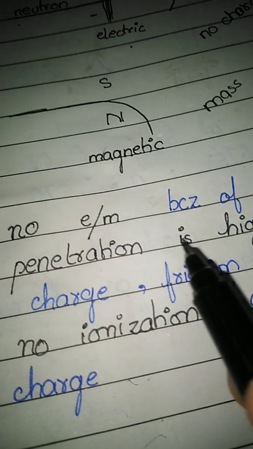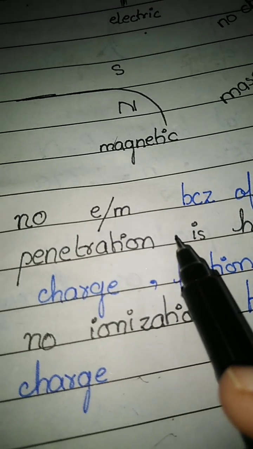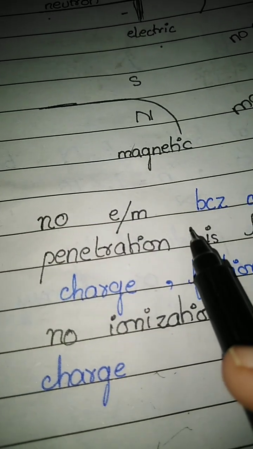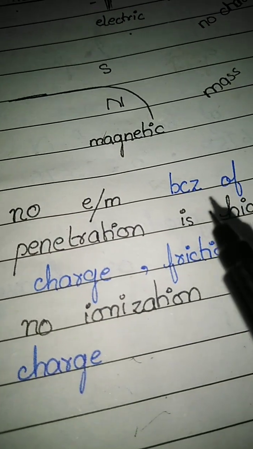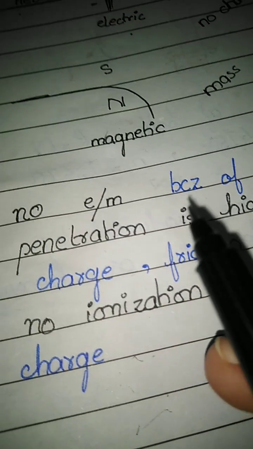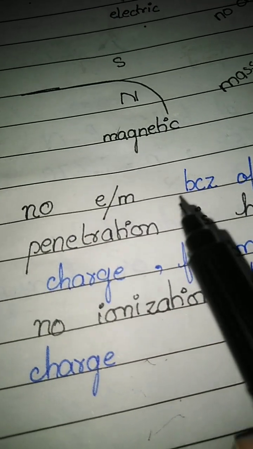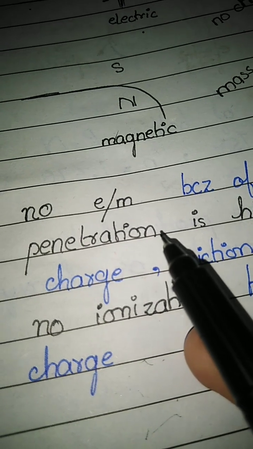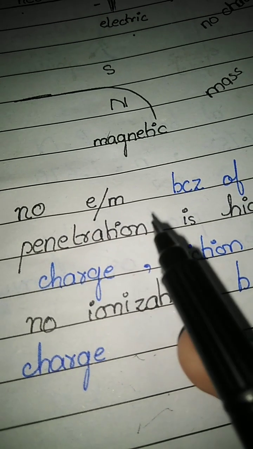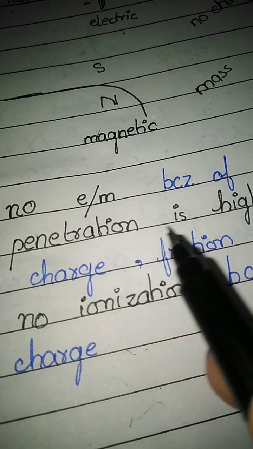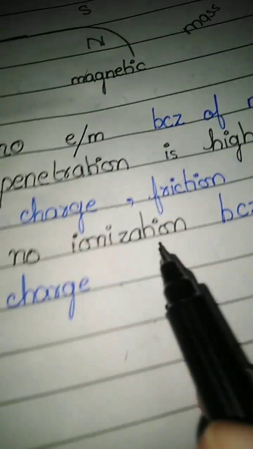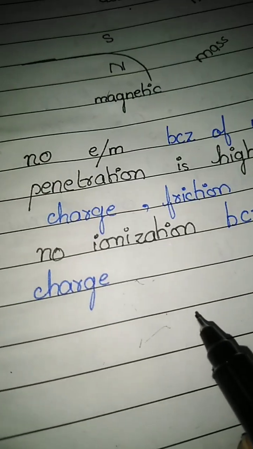Because for the cathode rays or anode rays or many rays, the rays which have less penetration have more mass and charge. As the neutron has no charge, there would be no attraction and it would get more penetration, with no friction happening. No ionization because of no charge. And that's all about today's lecture.